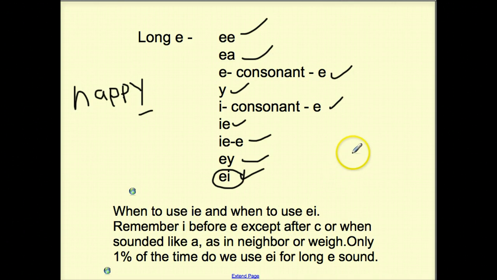So generally speaking, if you're thinking of how to spell something and it makes the long E sound, it's going to be I before E, unless it comes after a C. You'll put E before I if it doesn't make the long E sound at all, like in neighbor or way, where it makes the long A sound.